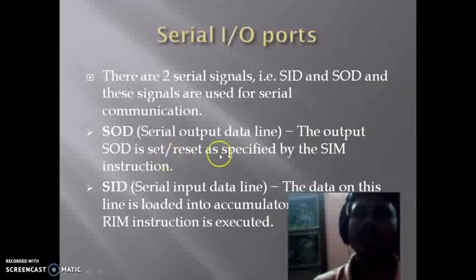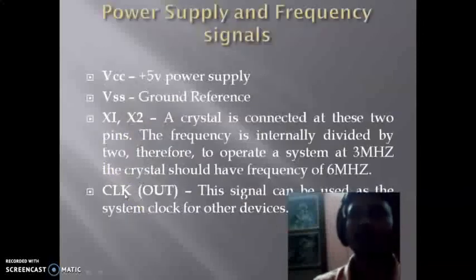The SOD is set and reset as specified by the SIM instruction. Similarly, the data on the SID line is loaded into the accumulator whenever a RIM instruction is executed. So for SOD the SIM instruction is used, and for SID the RIM instruction is used. These two signals are very important for serial communication.